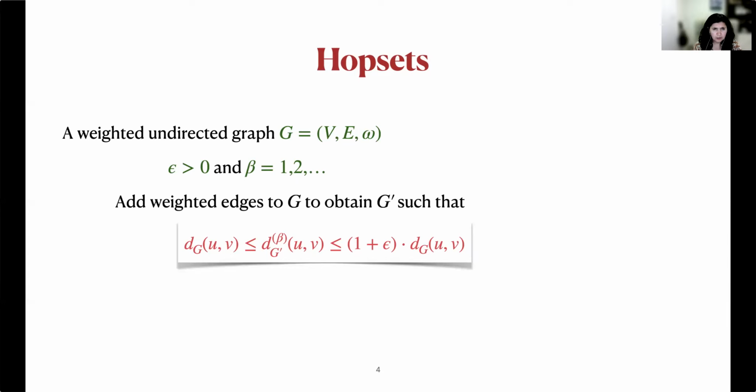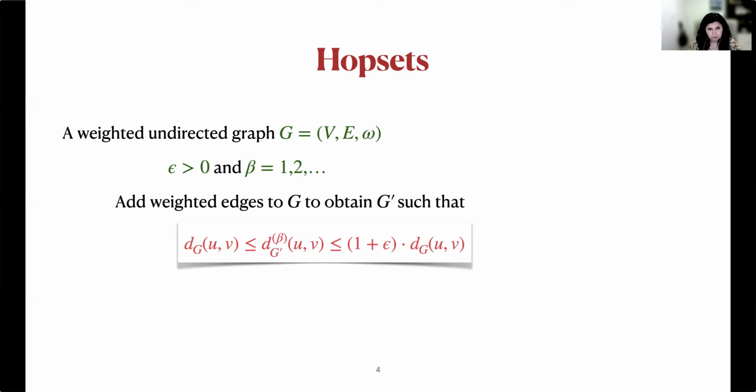So we are given a weighted input graph G, and we augment this weighted input graph G by adding to it weighted shortcut edges to obtain another graph G prime, such that for any pair of vertices U and V, we can go between them in G prime by taking a path which contains at most beta edges.